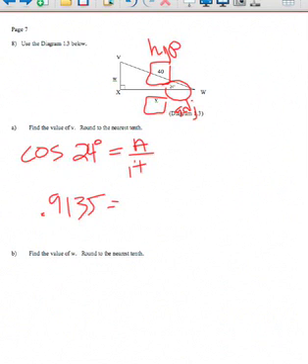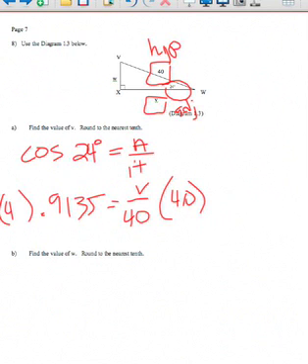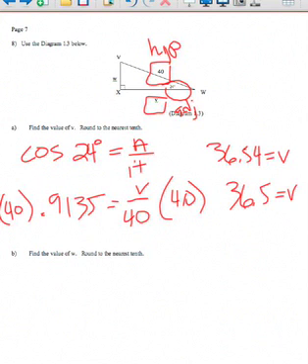The adjacent is the variable V. The hypotenuse is 40. Isolate the variable. Let's get rid of the 40 in the denominator by multiplying by its reciprocal, which is 40 in the numerator. 40 times 0.9135 gives us 36.54 equals V, and it asks us to round to the nearest tenth, so 36.5 is the length of V.